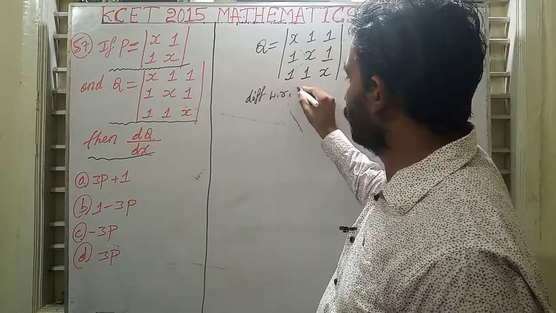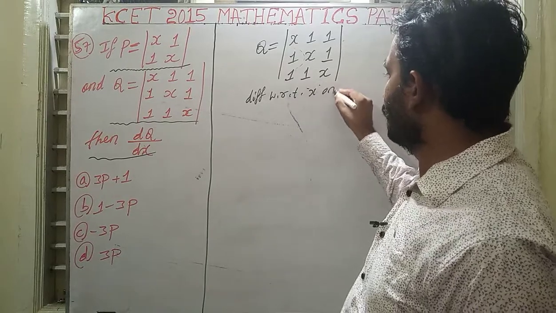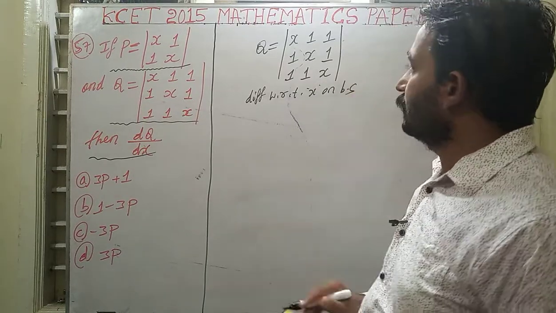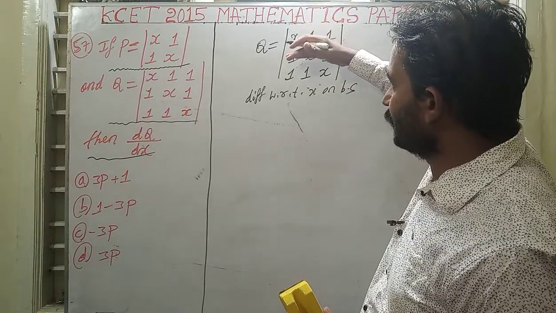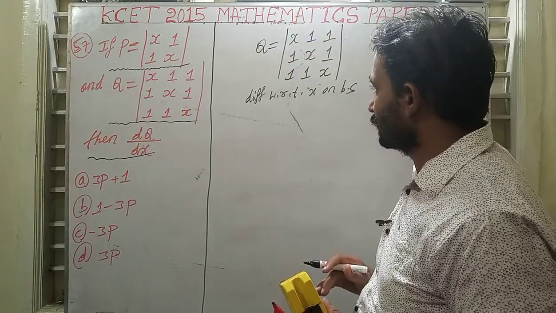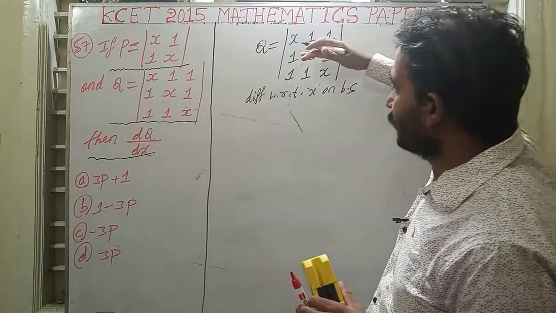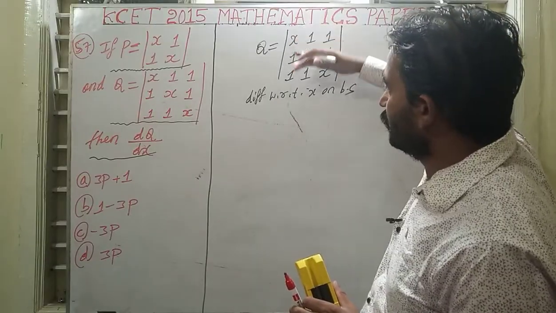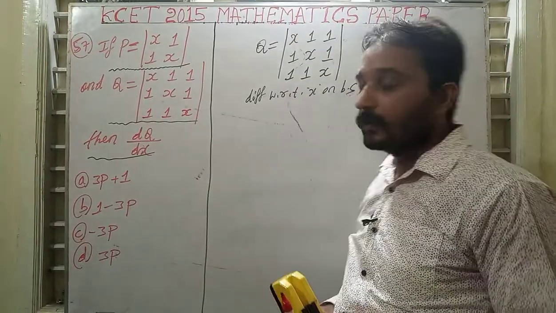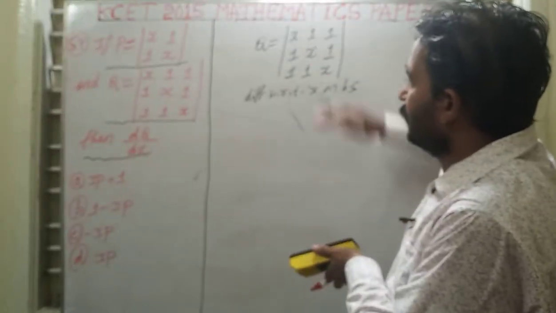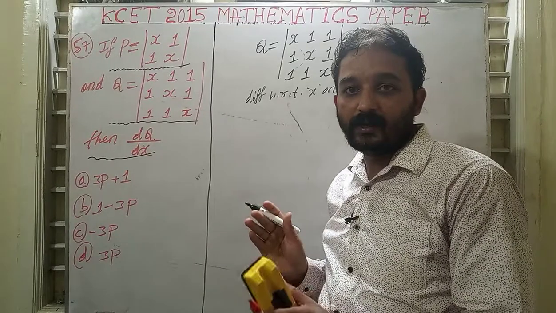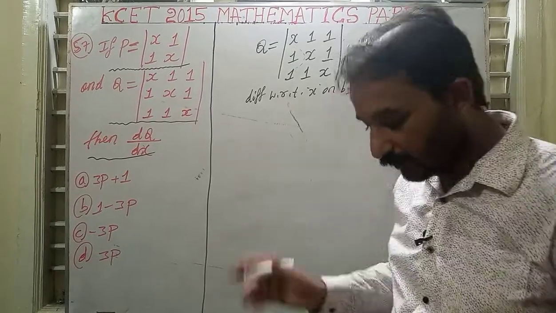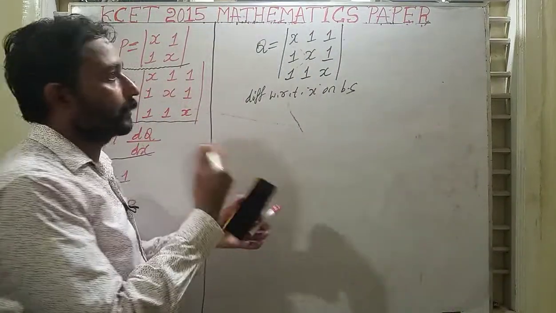According to the rule, first differentiate the first row, taking the second and third rows as constant, plus differentiate the second row, taking the first and third rows as constant, plus differentiate the third row, taking the first and second rows as constant. In this way we can differentiate a determinant with respect to x.